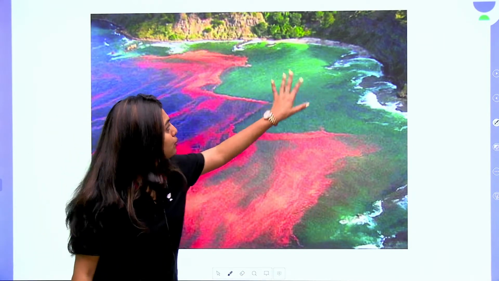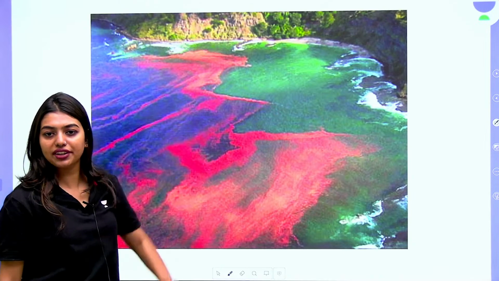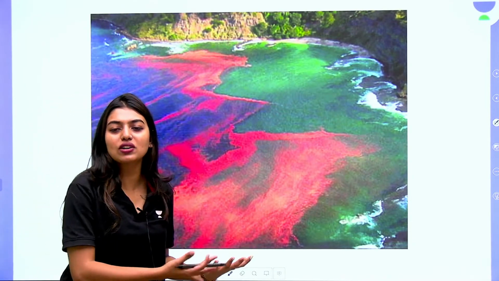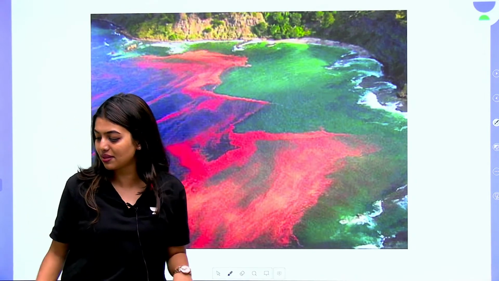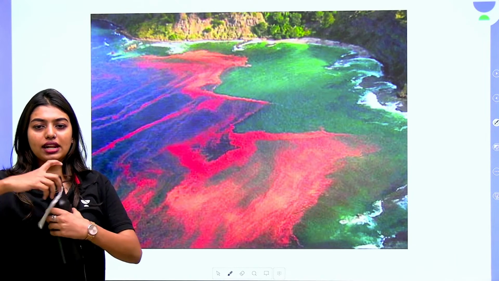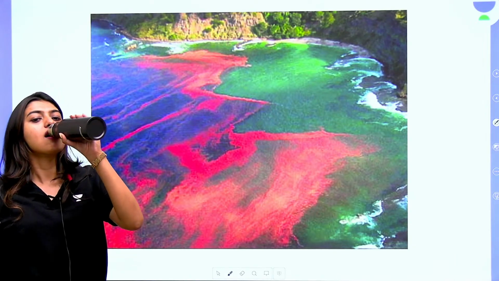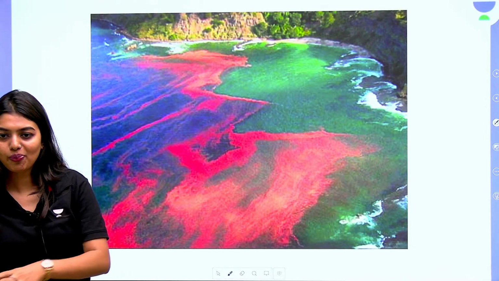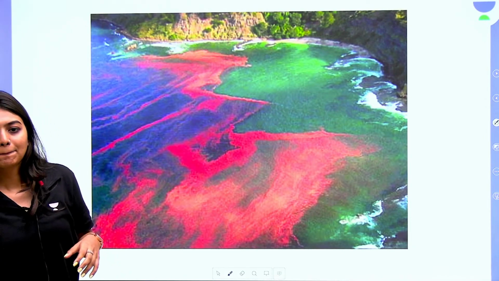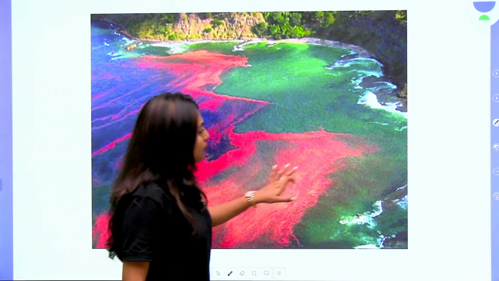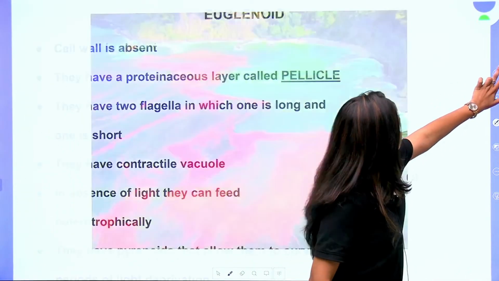There is greenish blue and there are some regions which are red. It looks beautiful, but then they are releasing a toxin that is killing other aquatic organisms. So, can we call it beautiful? It is harming other organisms, no? Yes, looks very beautiful, but what to do?